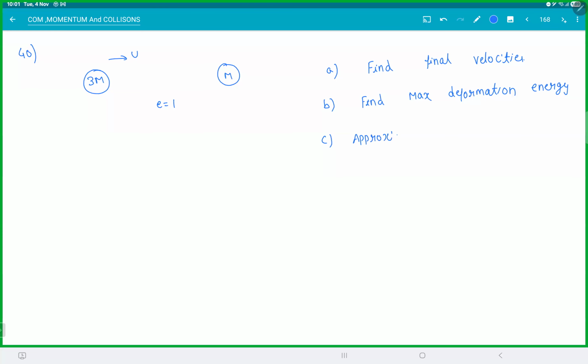Approximately plot kinetic energy versus time graph. And if you ask a statement, is kinetic energy of the system conserved?